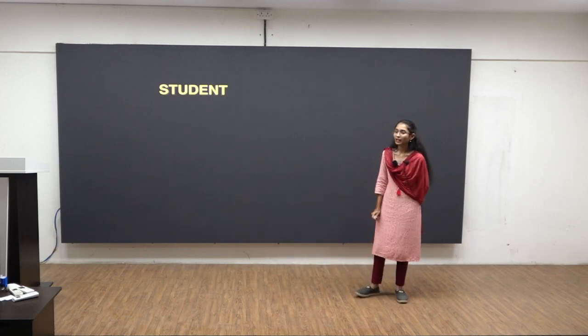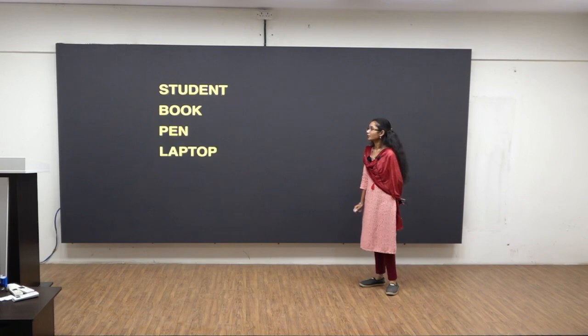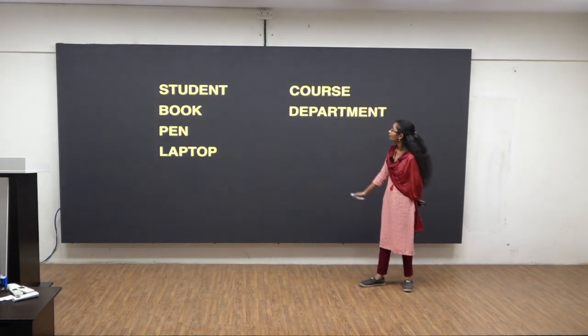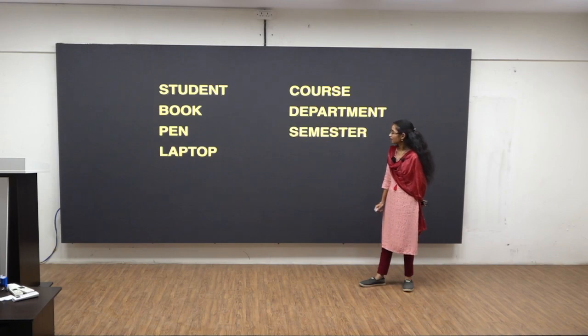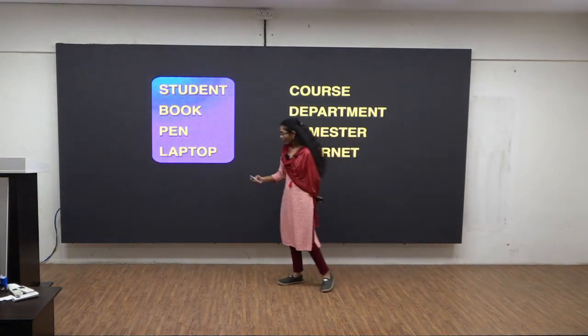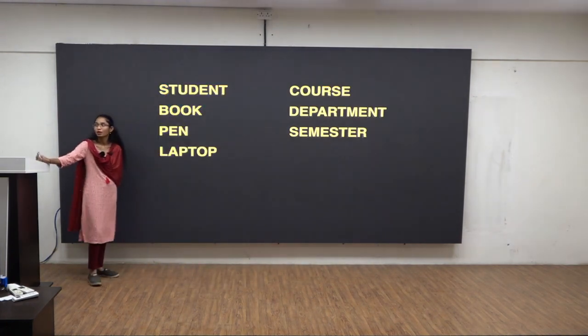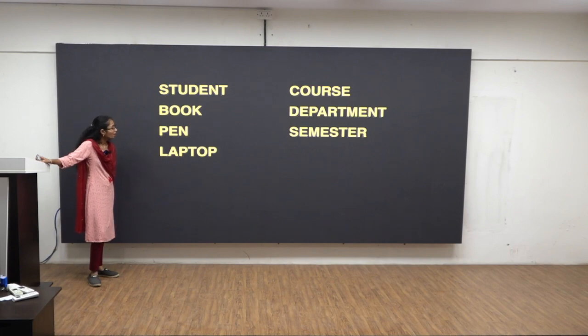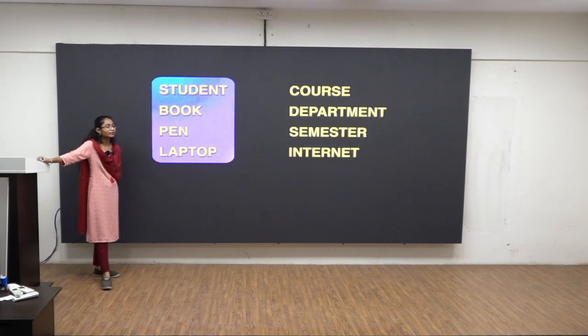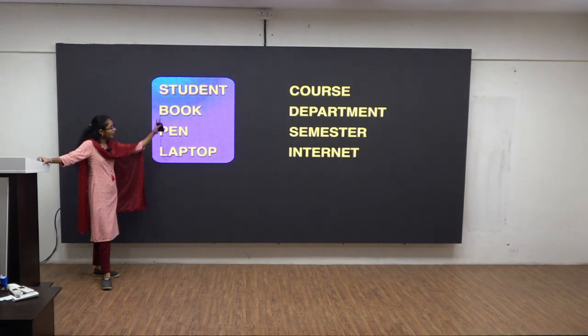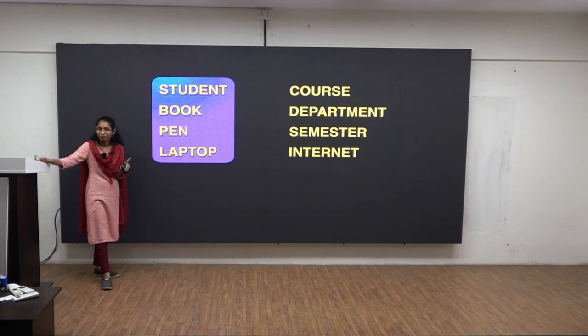Similarly, if I take the other examples which I have, like book, pen, laptop, course, department, semester and internet. If you see very carefully, whatever things I have here, I have segregated them into two groups right now. And every one of these is nothing but an entity.